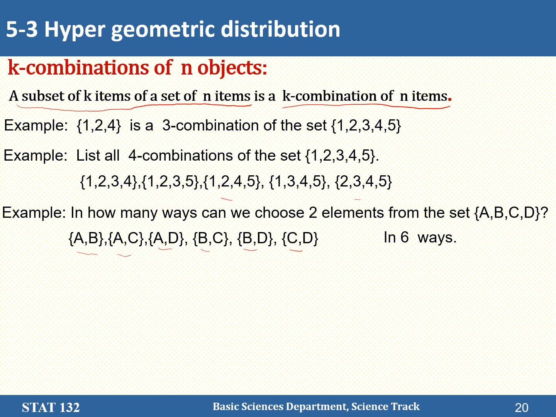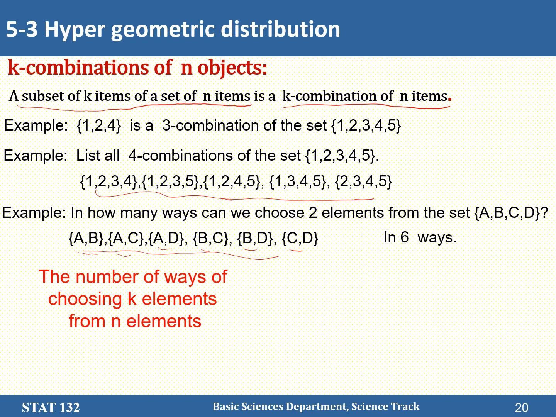Now, do we have to list all the time? So how can we calculate the number of the ways or the number of the subsets or k combinations? We have a formula for it. The number of ways of choosing k elements from n elements can be found by this formula here: n factorial divided by n minus k factorial times k factorial.